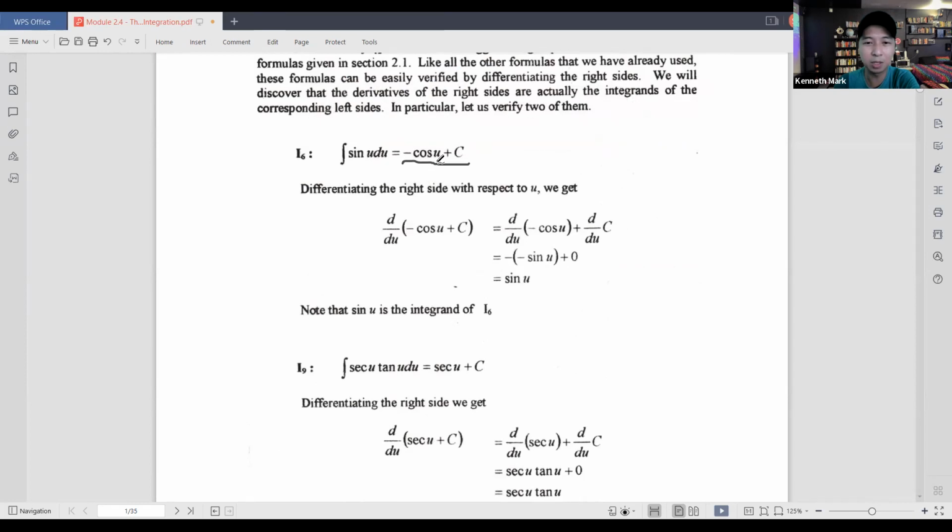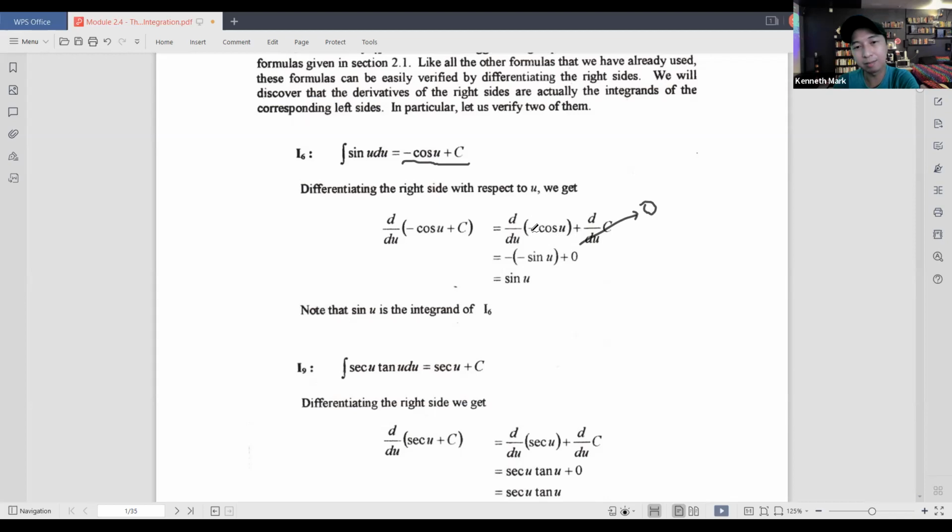Okay, so if you derive this one, okay, so that is derivative of negative cosine u, plus derivative of a constant c, which is 0. Derivative of any constant is 0 because atom differential. And then for this case, derive natin yung negative cosine u.